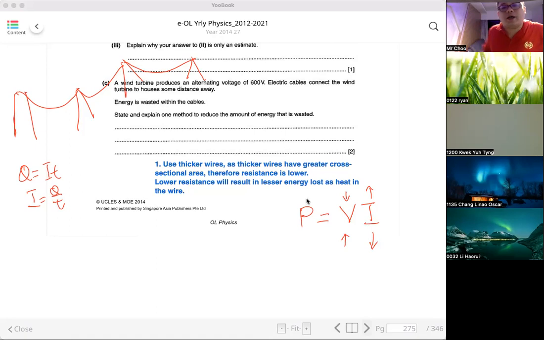I mentioned earlier, if your current is very high, you will lose more energy because a lot of charges are moving. If I can make my current very low, my energy loss will be minimal. So how to make my I very low? I need to make my voltage very high.